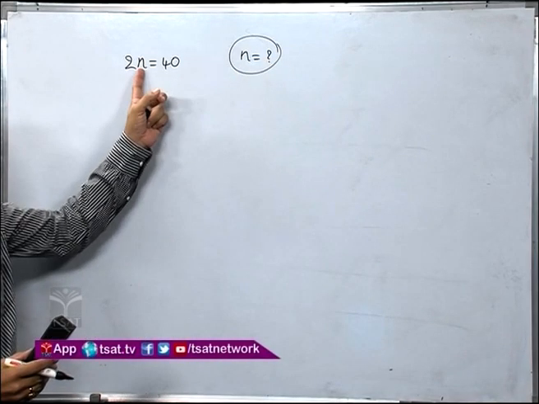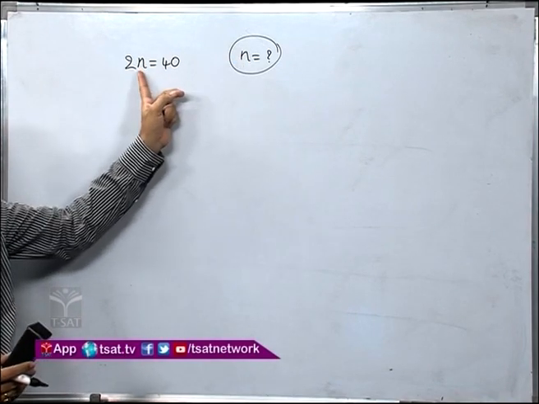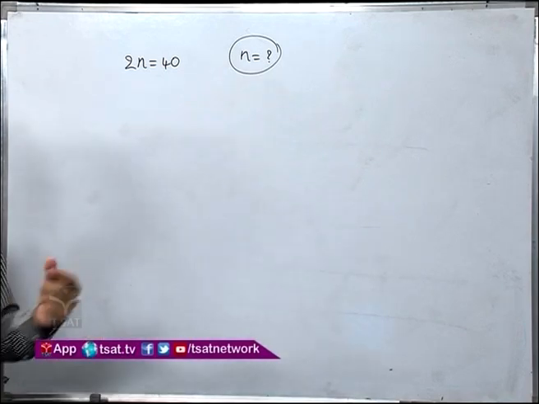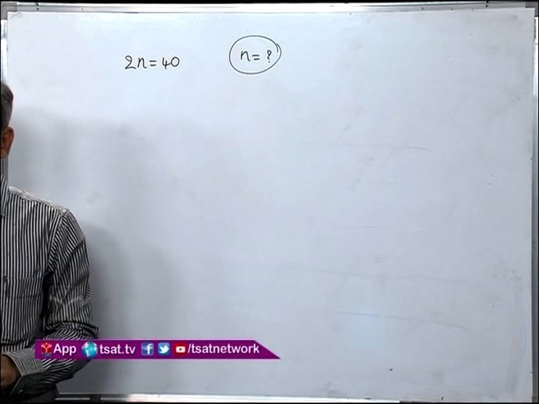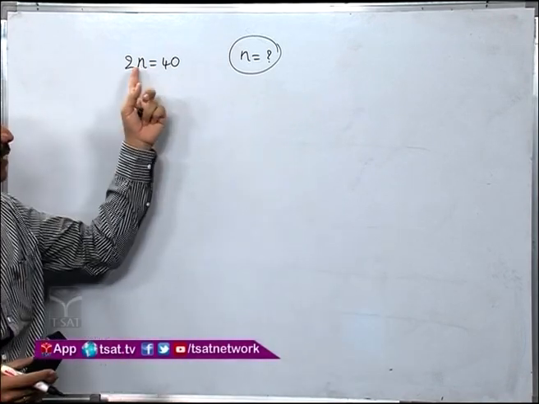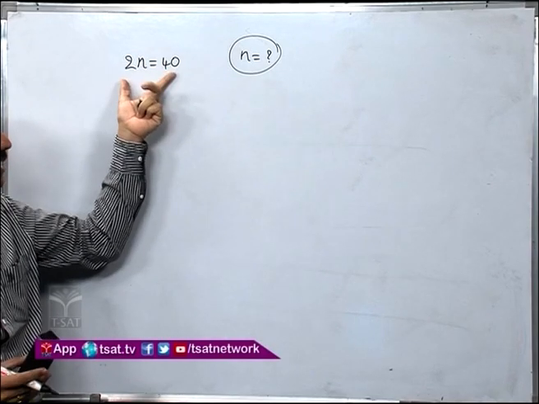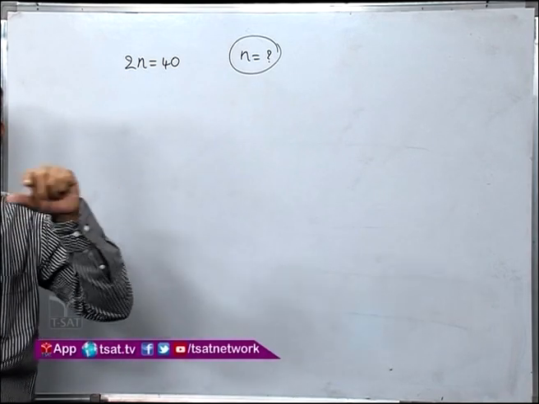That means you have to find the value of the variable which satisfies the given equation. Satisfy means what? Satisfy is nothing but LHS must be equal to RHS. For what value of the variable LHS is equal to RHS, that means the equation will become true. That is called satisfying the equation.